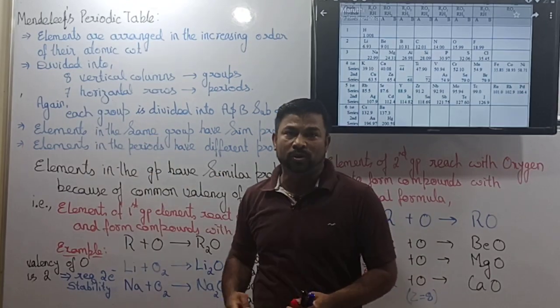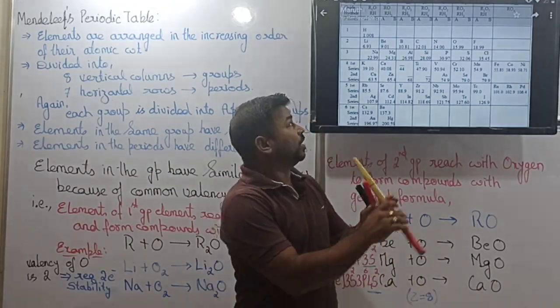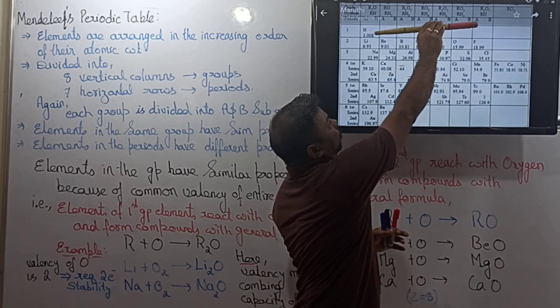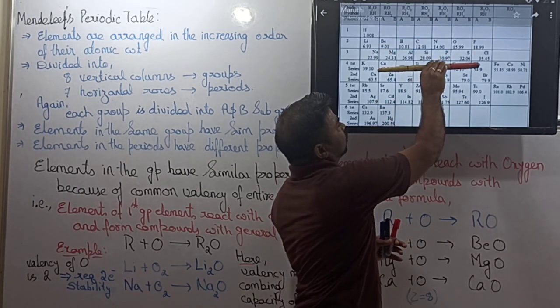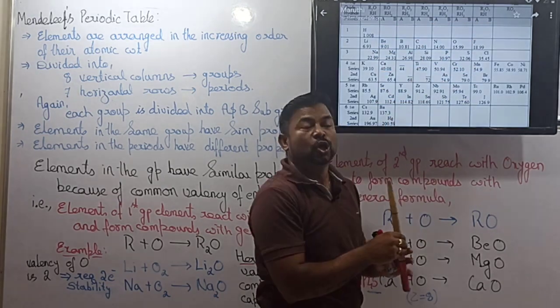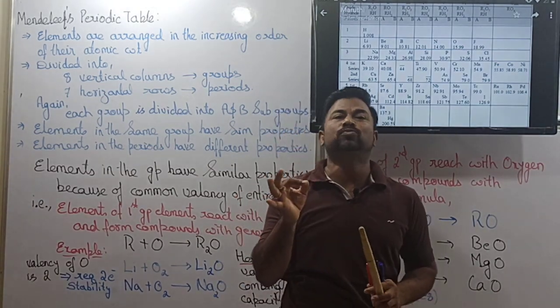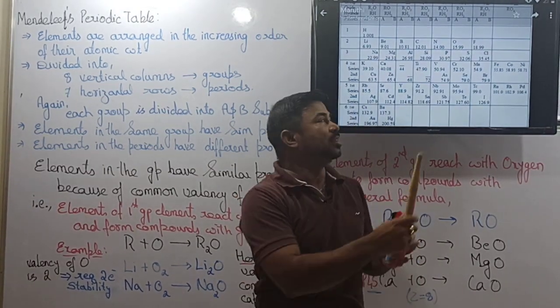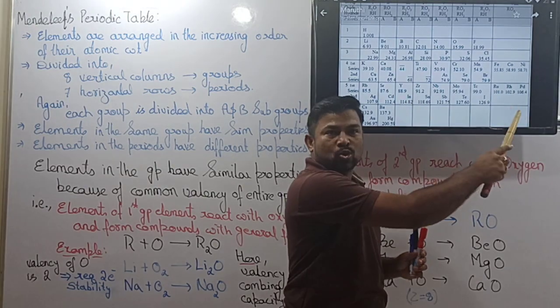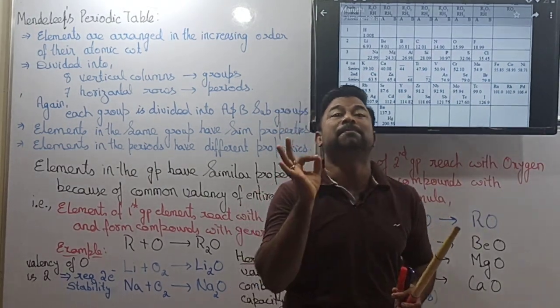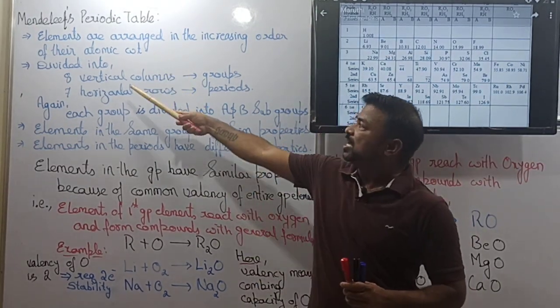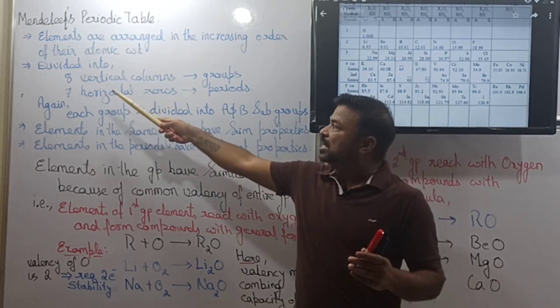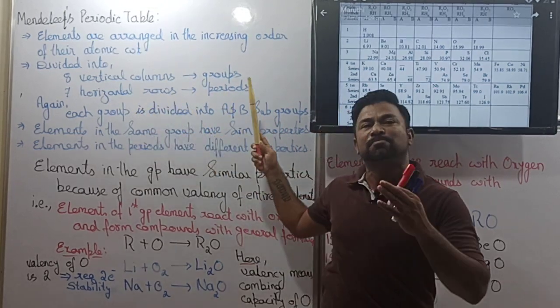Now, the second point we have to remember: the horizontal rows, 1, 2, 3, 4, 5, 6, 7. Totally 7 periods he made. The horizontal rows are called periods. That's what he says. Right. 8 vertical columns called groups and 7 horizontal rows called periods.